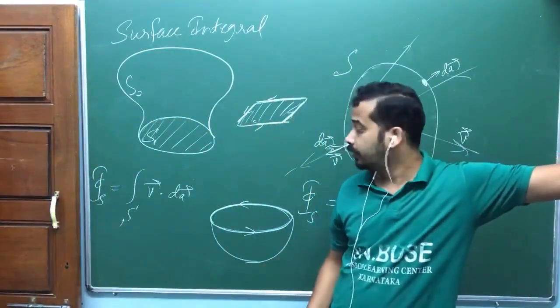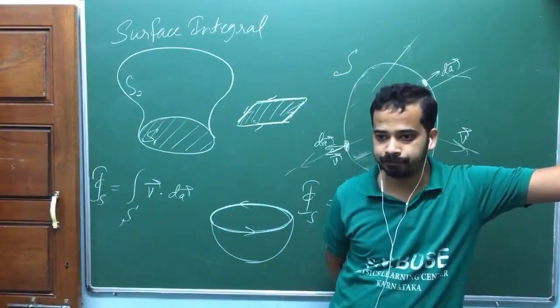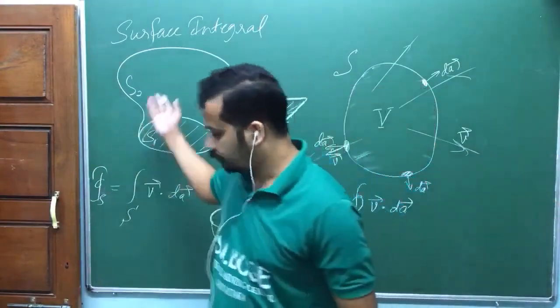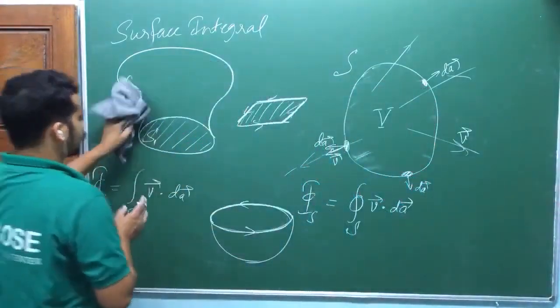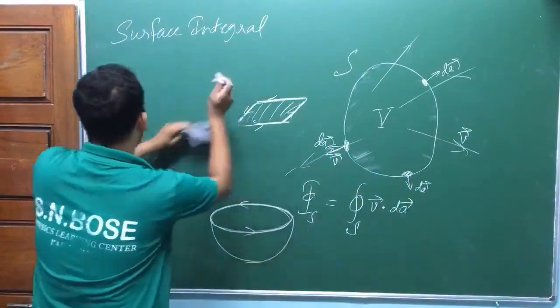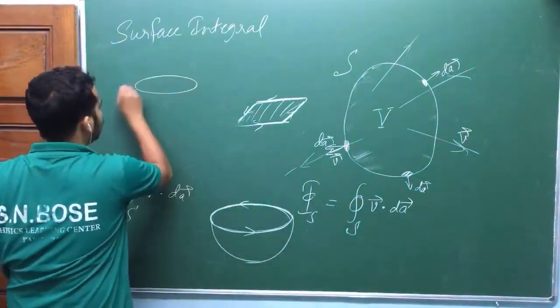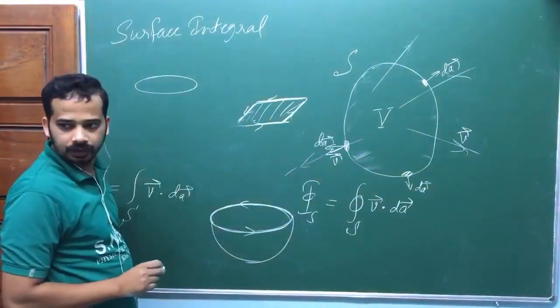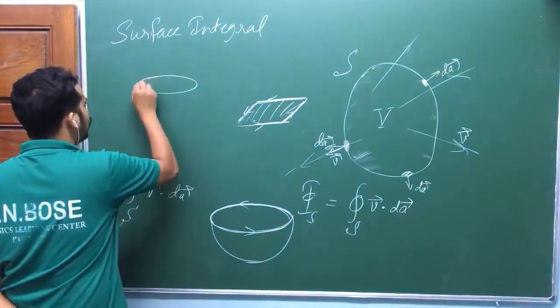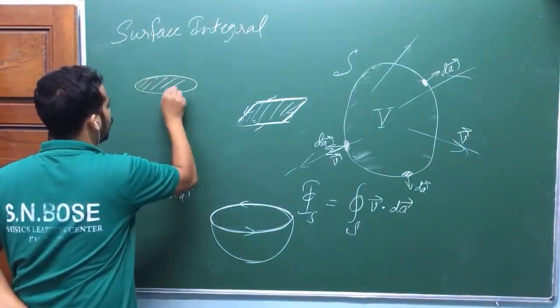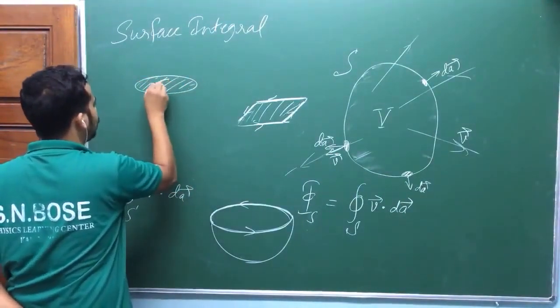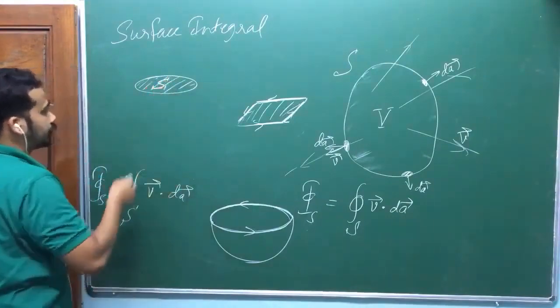If I take a balloon shape, again take it as a pot. Now I have a circular path. I am going to define one surface S1, and this circular path is the boundary for this surface S1, which is a plane.